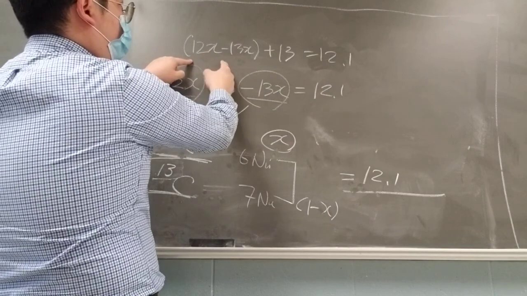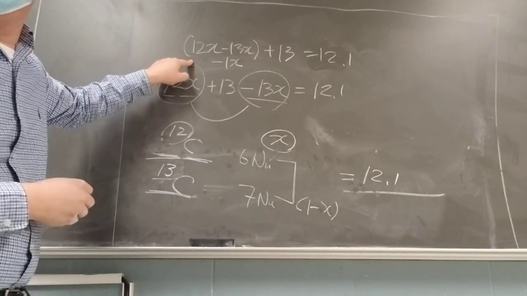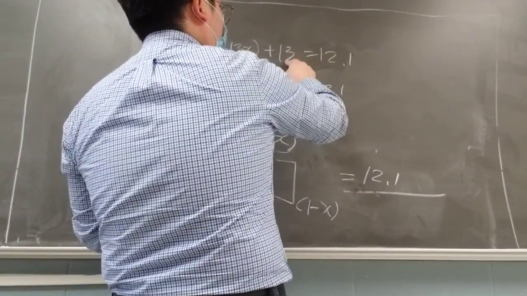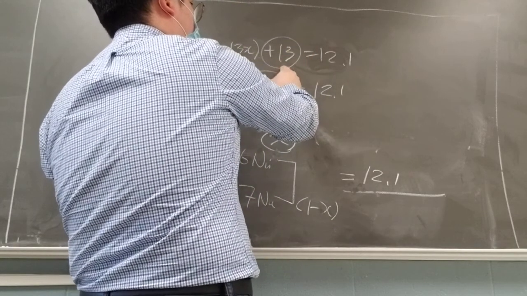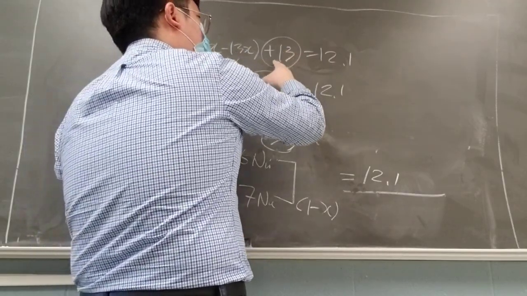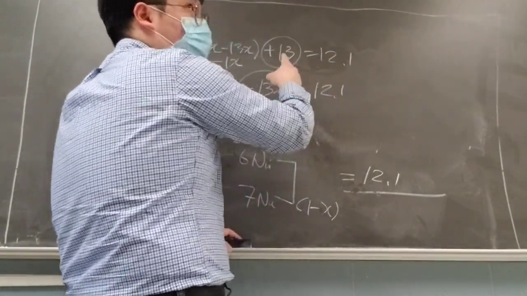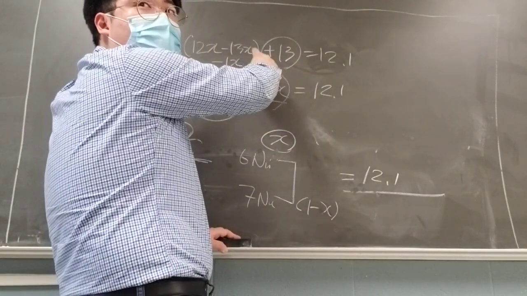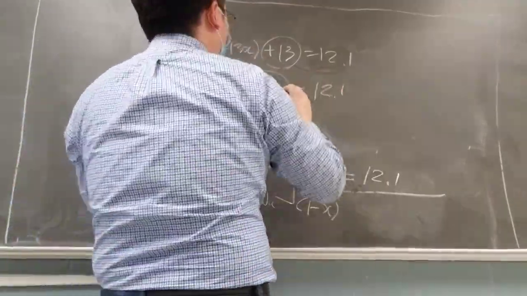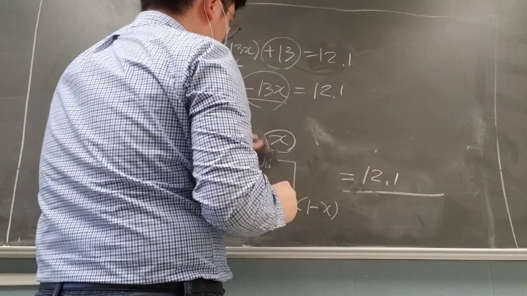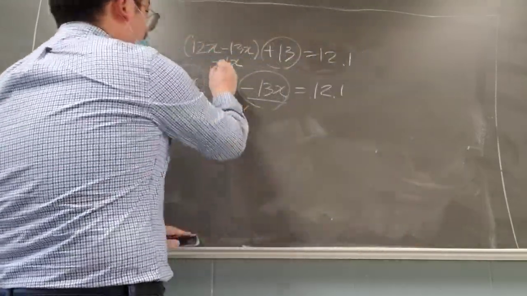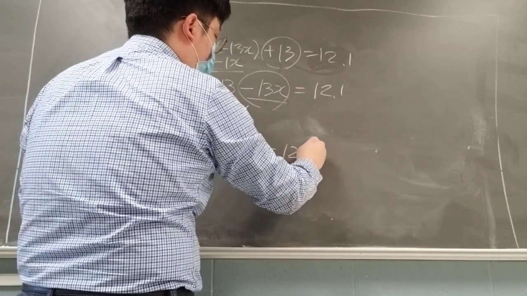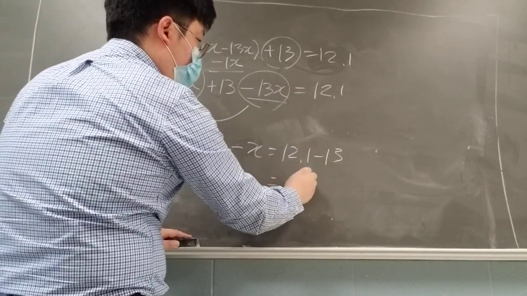But we know the X terms give negative X. So once this 13 is positive on the left side, if you move it to the right side, you have to change the sign, right? Make sense? Okay. So that makes your negative X equal to 12.1 minus 13, which is negative 0.9.